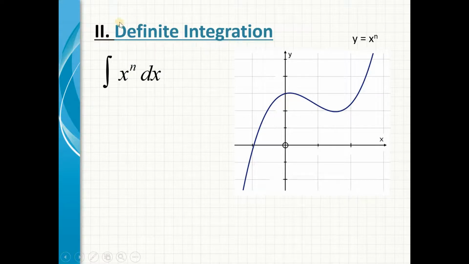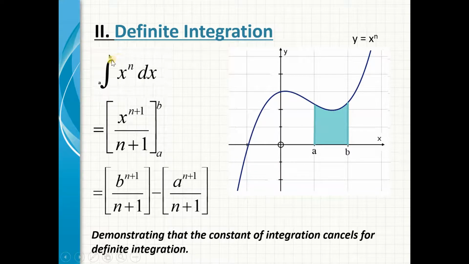But here, definite integration, the second type of integration, and you listen, this video mainly focuses on definite integration. Definite means we have a start, we have an end, like here. I have a stretched S, and down A, and above it we have B. A and B will be real numbers, and x up to power n with respect to x.